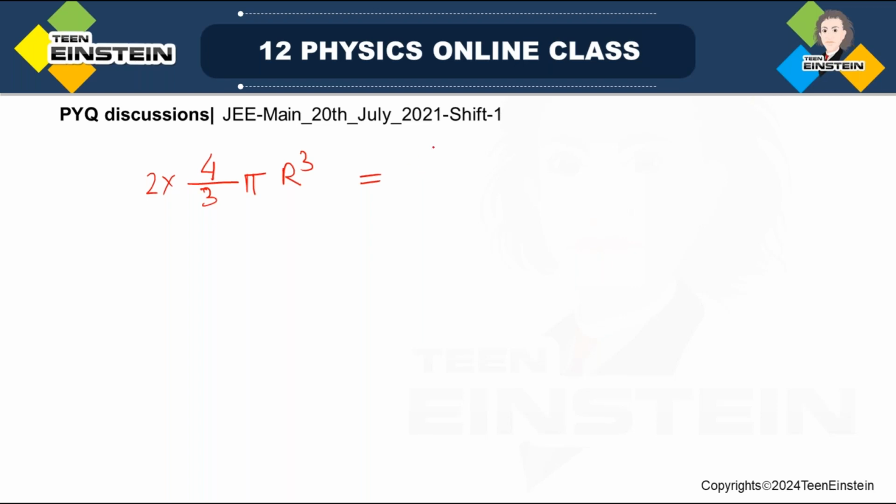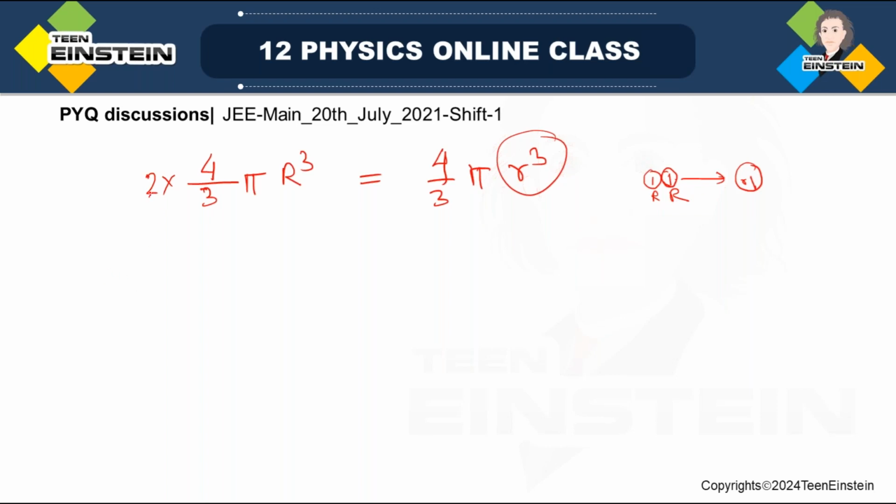I'm just considering that the new drop has got a radius small r. So this is the modified radius, because if you have two small drops of equal size and they coalesce and make a bigger drop, this has radius small r, and each of them has radius capital R.